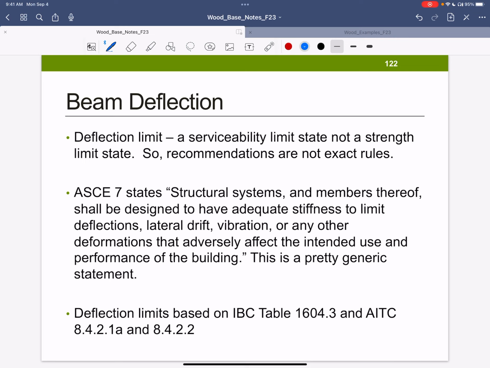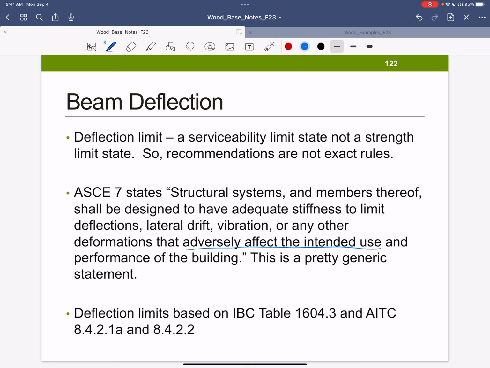Okay, beam deflection. As I said, it's a serviceability limit state. When we look at deflection limits, this is basically going to be a combination of the loading piece in ASCE 7, which has this statement: shall be designed to have adequate stiffness to limit deflections and deformations that adversely affect the intended use and performance.